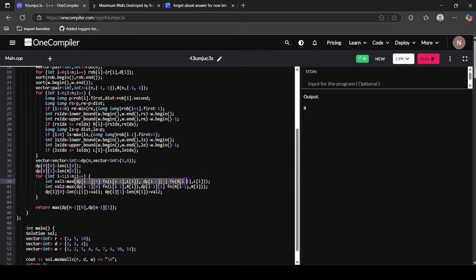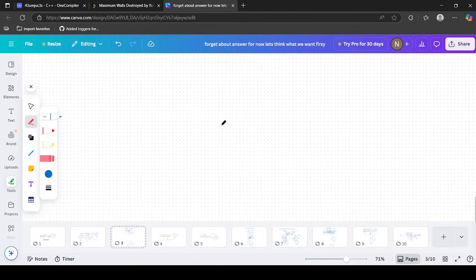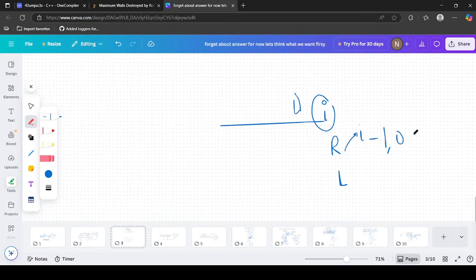So we have two choices when we are assuming for left. When we are assuming for left, then what is the maximum? It is simply the before count minus the overlapping one with the present one. So let's simplify this. For example, we are at robot I. What we discussed is that at robot I, we have two choices, right and left. So even for right, we have dp of I minus 1 comma 0 plus count of R of I. Why R of I?